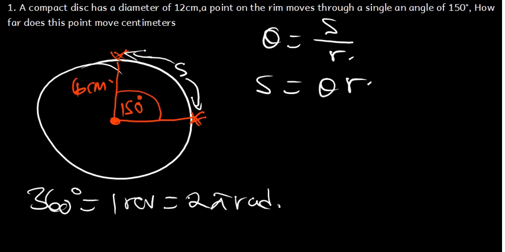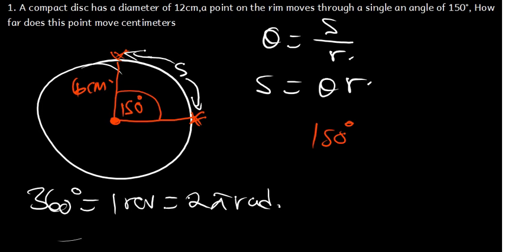So if we've been given degrees, and we want to convert to rad, we are going to use 360 degrees is equal to 2 pi rad. At the same time, if we have been given revolutions, we're going to say 1 revolution is equal to 2 pi rad.